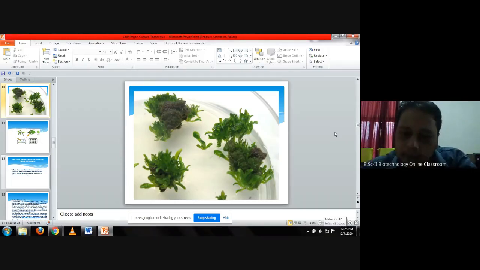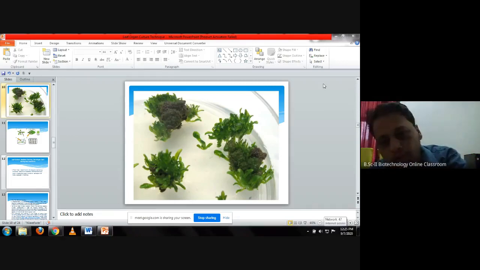And this disc, you will suspend in the agrobacterium solution. You will immerse this disc in the agrobacterium culture, and again you will take this and put it on an MS media containing selection antibiotics.